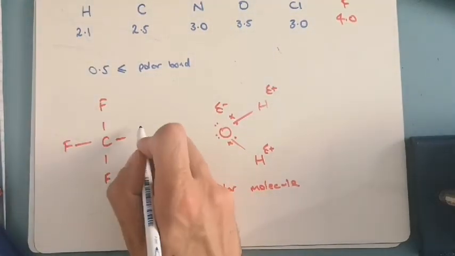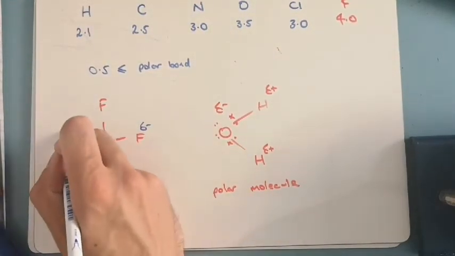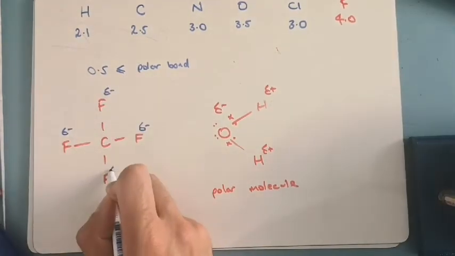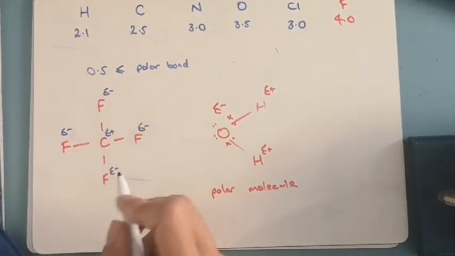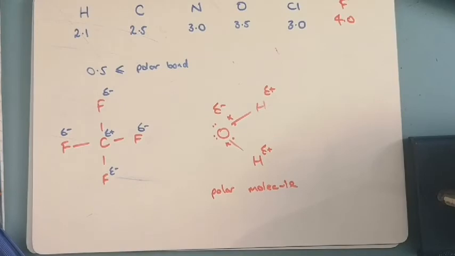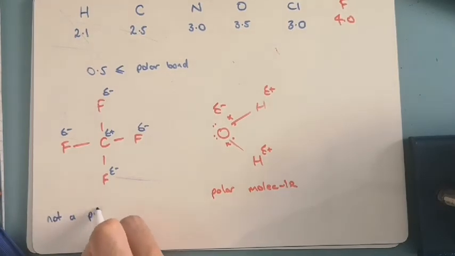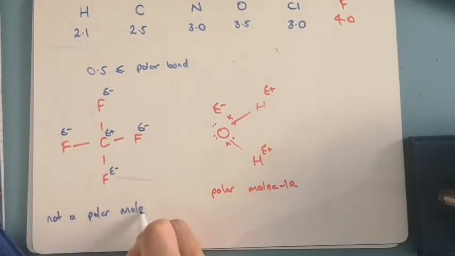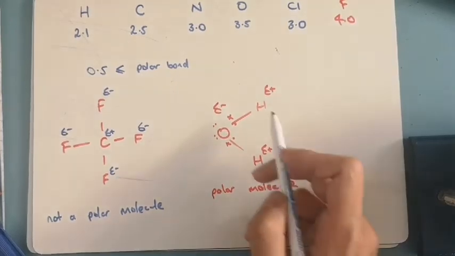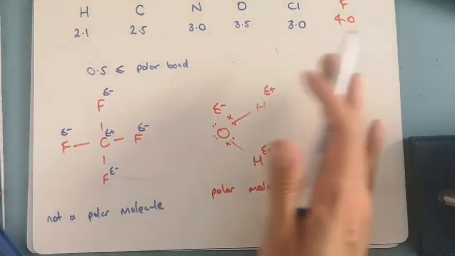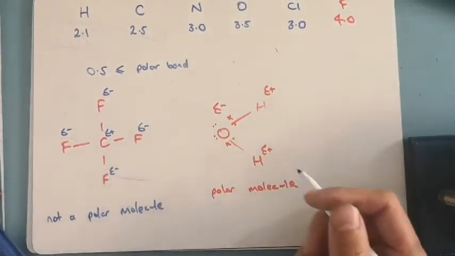So fluorine, delta minus, we've got delta minus, delta minus, delta minus. So we've got lots of polar bonds, 4 polar bonds, but they're all pulling equally, all creating dipoles in the same direction, so they cancel out the overall polarity. So this is not a polar molecule because it's all even. Water, because it's uneven, hydrogens are both to one side, won't be.